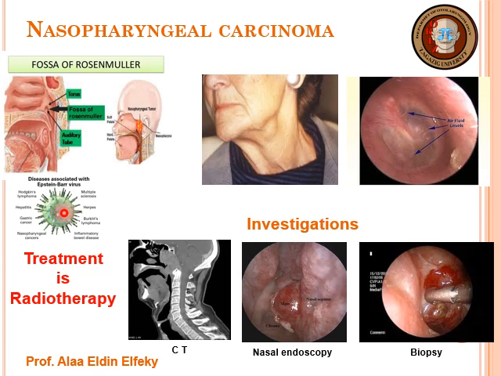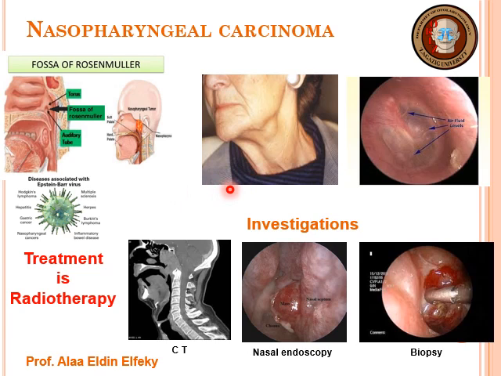The earliest signs of nasopharyngeal carcinoma are a lump in the neck or enlarged lymph node and otitis media with effusion. You have to start investigations and treatment as early as possible, because if you use radiotherapy here, you can save the life of the patient.